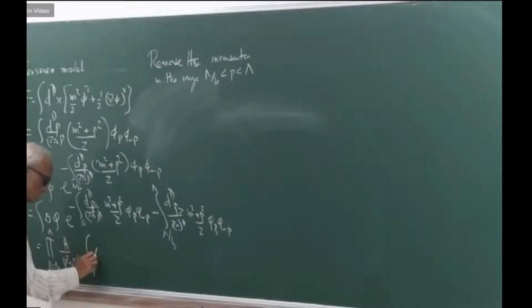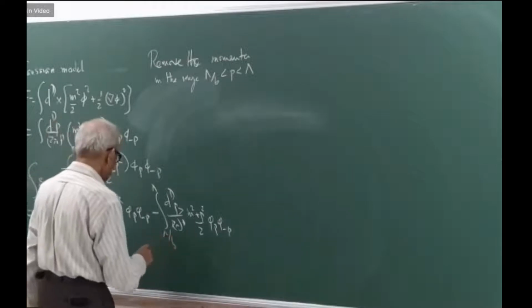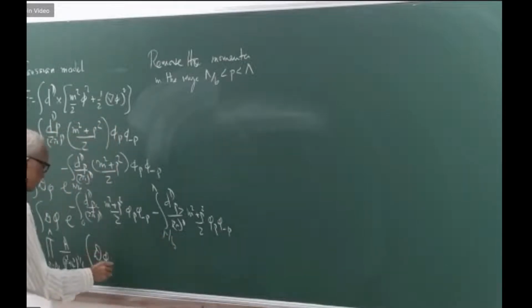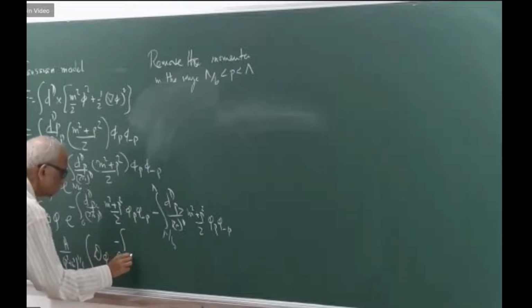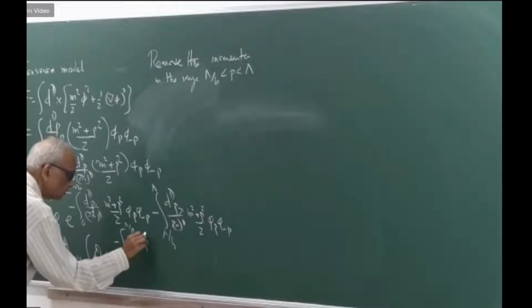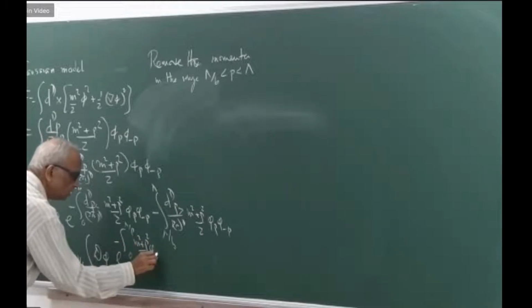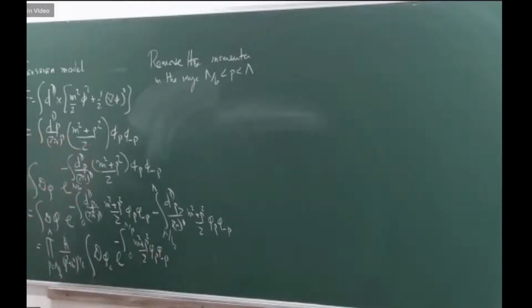And what is left is d phi less, which are the lower momentum, d phi less e to the power minus integral, this goes from 0 to lambda over b, m square plus p square by 2, phi p phi minus p.